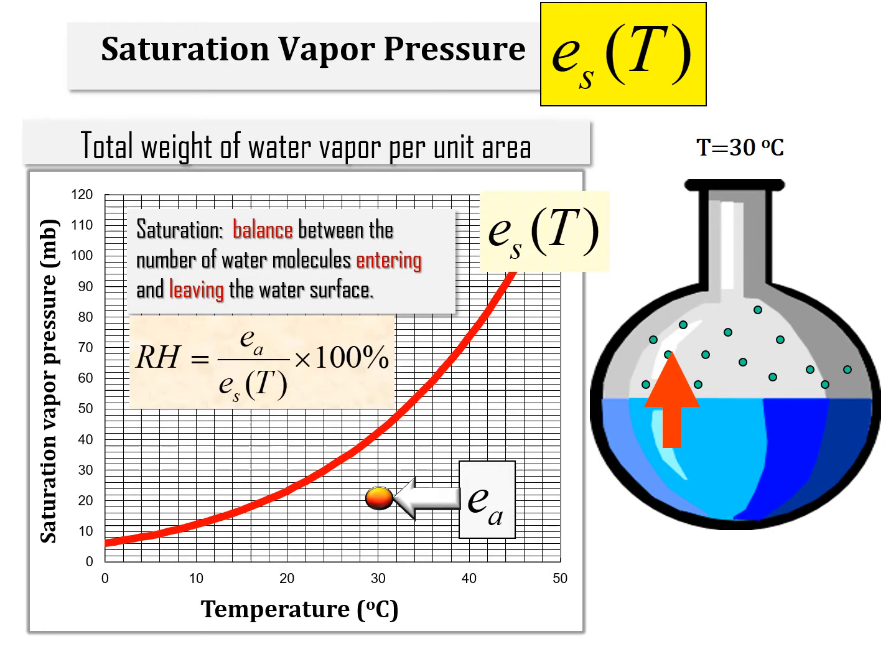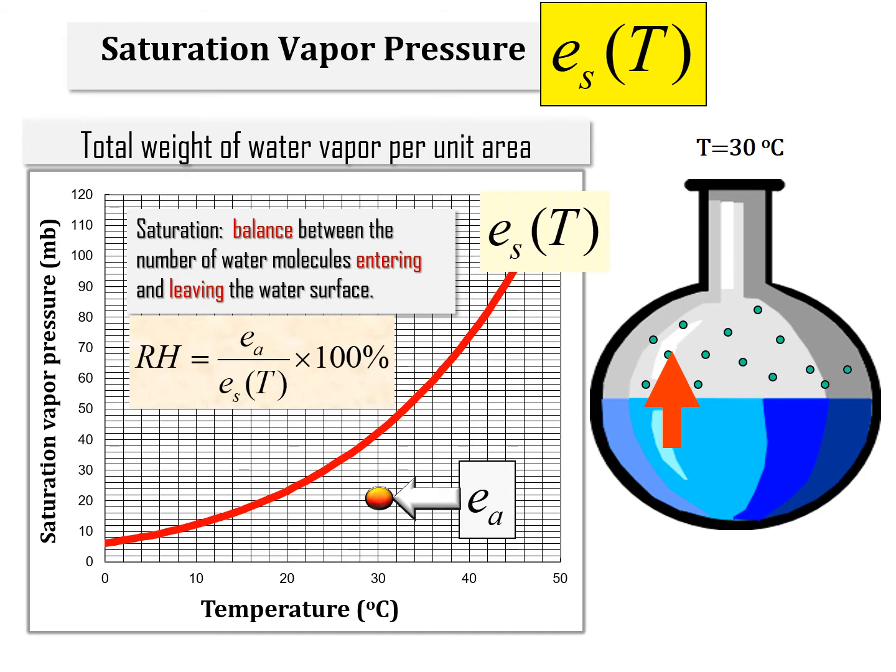You can evaporate more water molecules into the air, so this dot will go up. With more water molecules in the air, the vapor pressure goes up, until it touches the red curve, and then it becomes saturated.